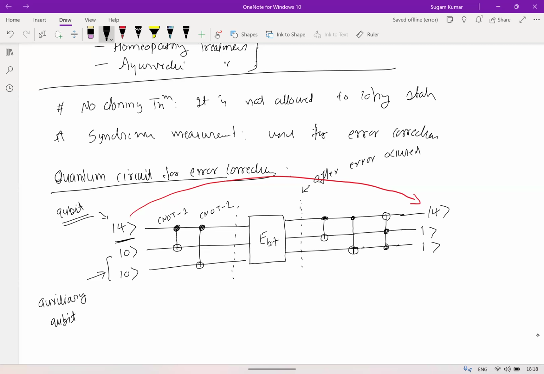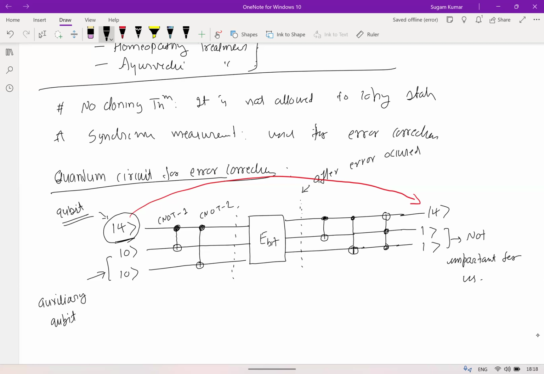I'm not writing them, but these states may change, but we are not bothered about this. These are not important for us. So this is the overall quantum circuit to restore the original qubit.